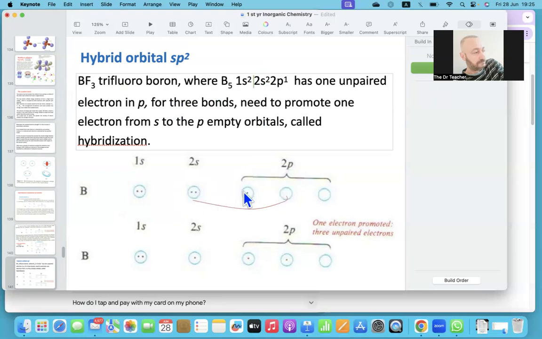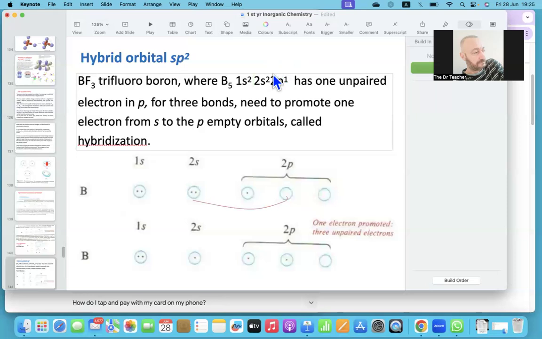It will not go to this electron. You remember, we fill the orbitals singly, then doubly. So when this electron in the 2s is separated, it moves not here, but to this empty orbital. So now we are left with one electron in s, one electron in p, one electron in p.